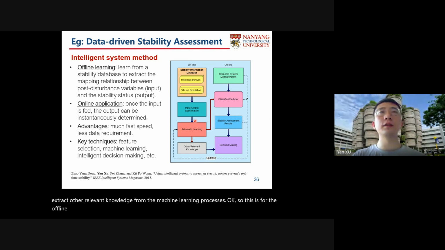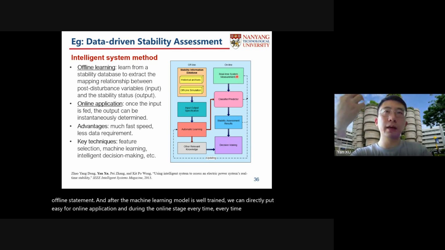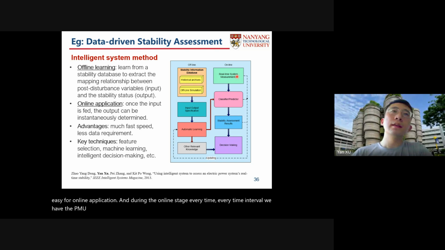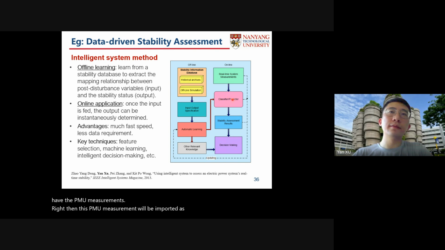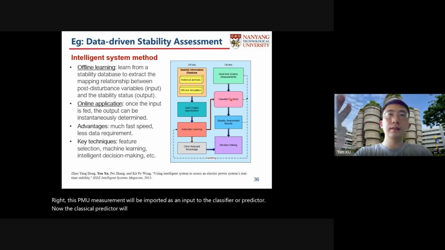After the machine learning model is well trained, we can directly put it into online application. During the online stage, every time interval, we have the PMU measurements, right? Then these PMU measurements are fed as the input to the classifier or predictor, which will immediately predict the stability status.